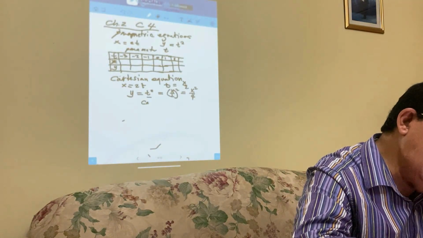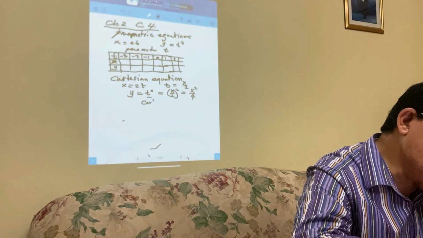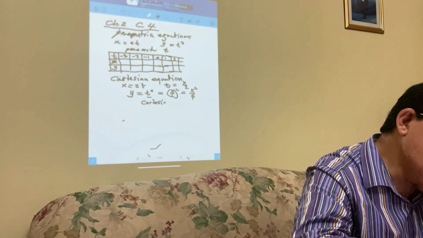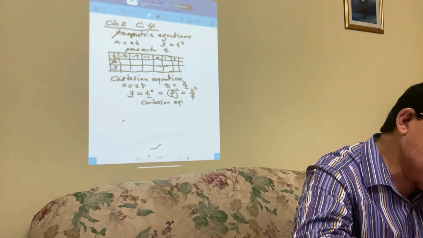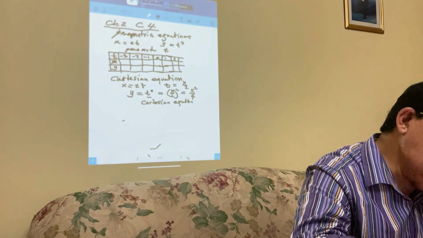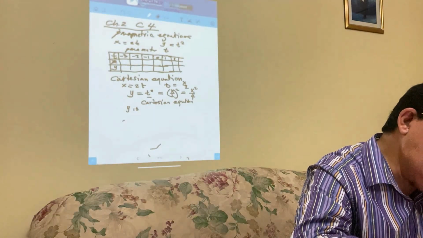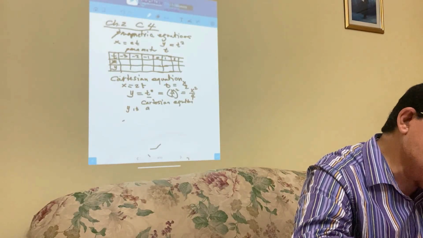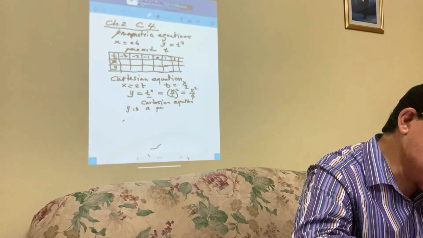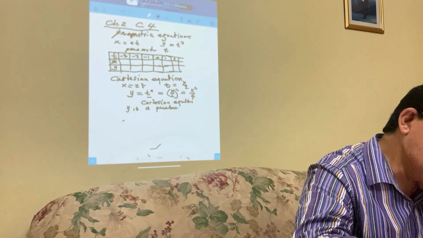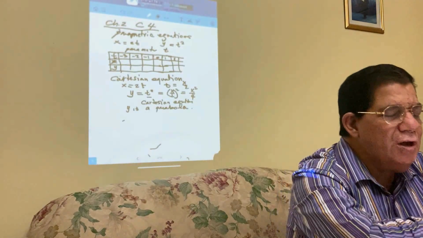We call it now this Cartesian equation, which shows that y is a quadratic, y is a parabola, because it contains x squared.